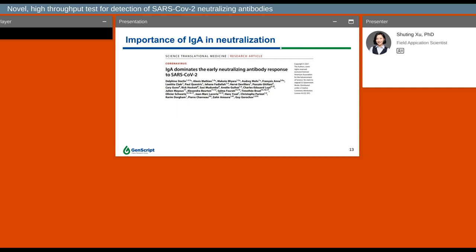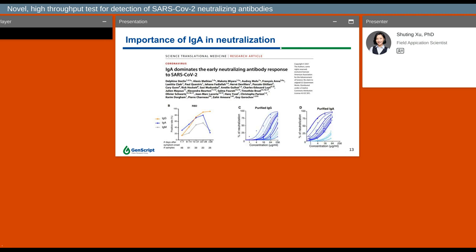Studies have already shown that IgA dominates the early neutralizing antibody response to SARS-CoV-2. This figure shows you that after the infection of COVID-19, within up to 2 weeks, the IgA dominates the antibody response in this blue line.